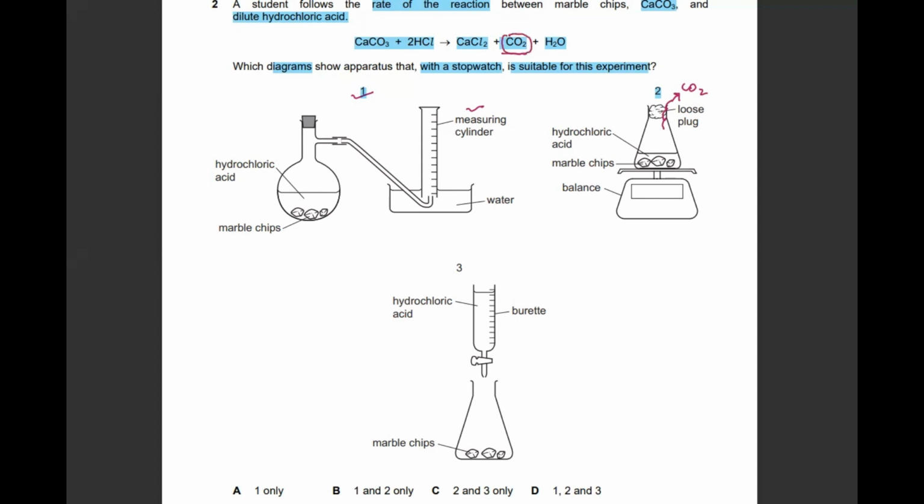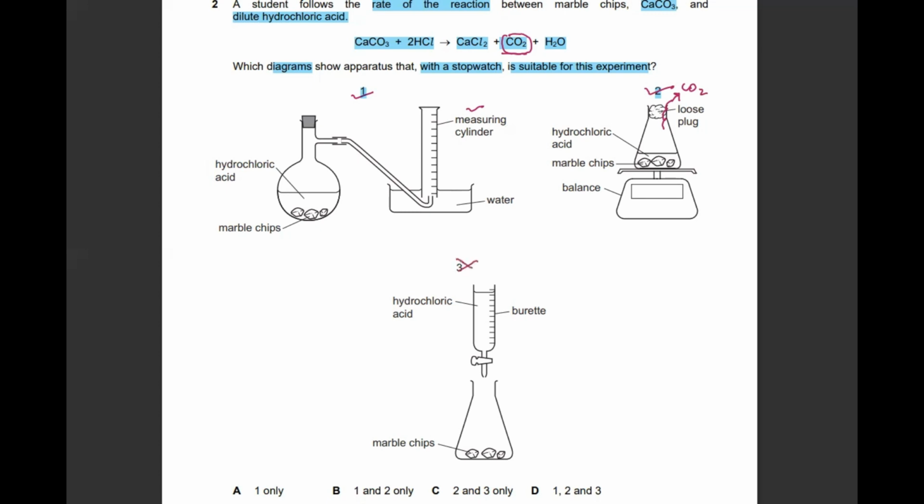It's not trapped within the system. It's allowed to escape out. So what is happening here? The overall mass of the system is going to decrease because the carbon dioxide escapes, and that decrease in the mass we are going to monitor against time. So yes, we will be needing the stopwatch here as well, because we will be observing the data against time.